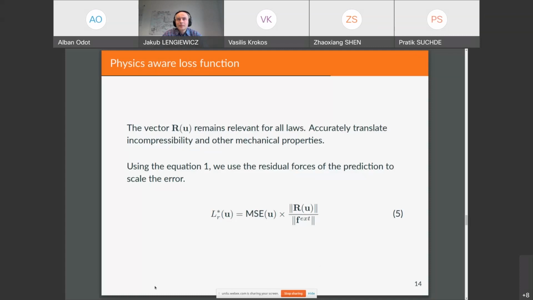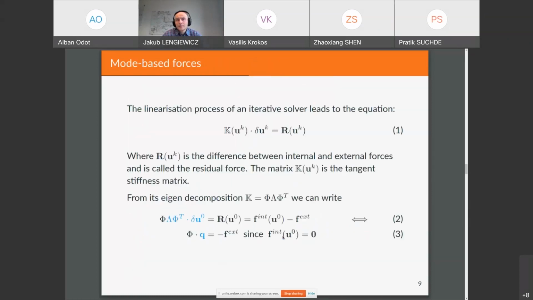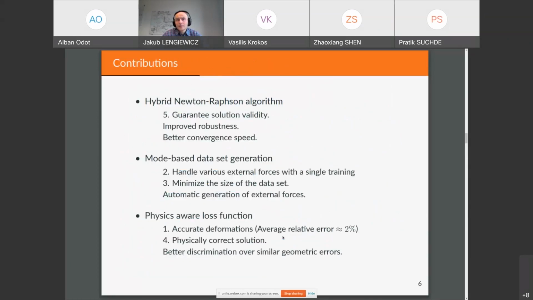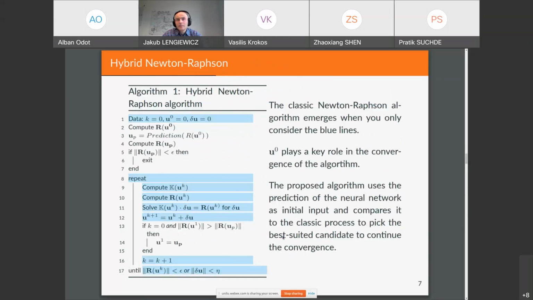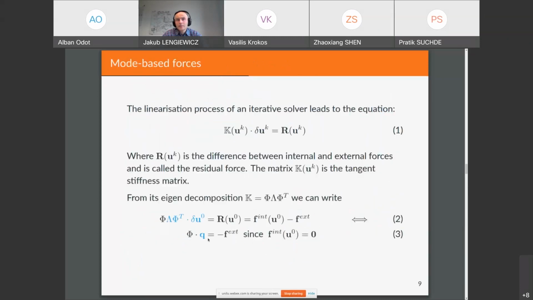Okay. So your R of U also includes the forces, because normally R depends on U and also some external forces, right? Yeah, the residual is both external and internal forces. So it should include some input data as well, right?